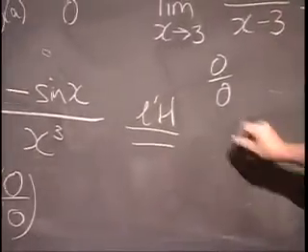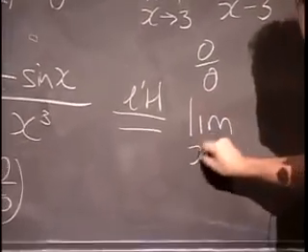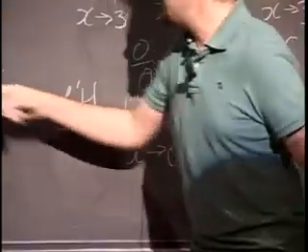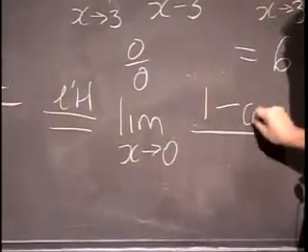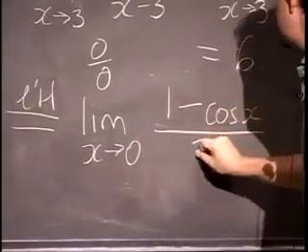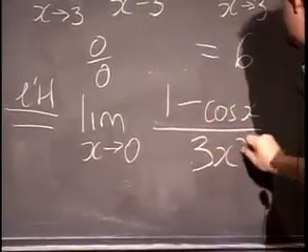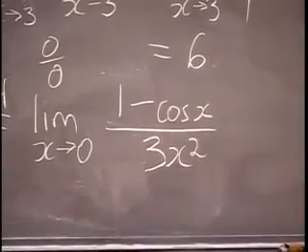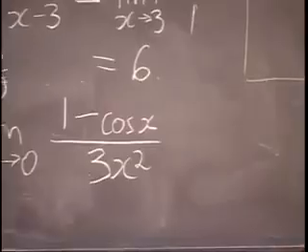So this is equal to the limit as x goes to 0. We simply differentiate x minus sine x to get 1 minus cosine x, all over x cubed, whose derivative is 3x squared. I'm going to leave this space for some comments.